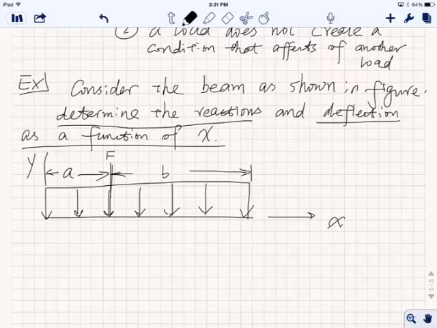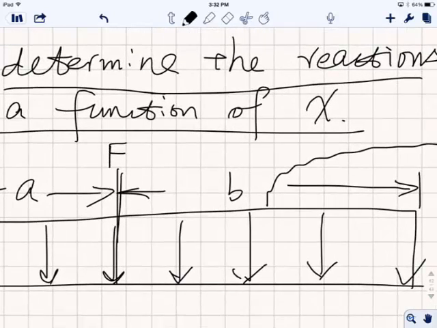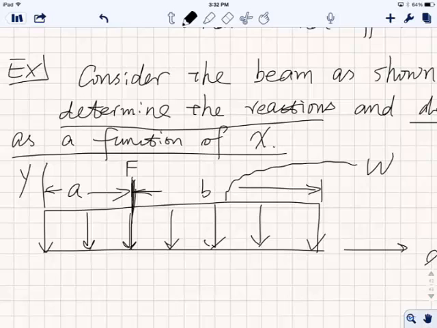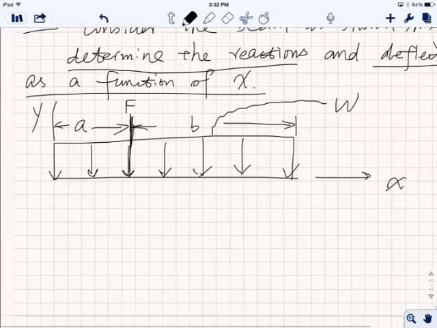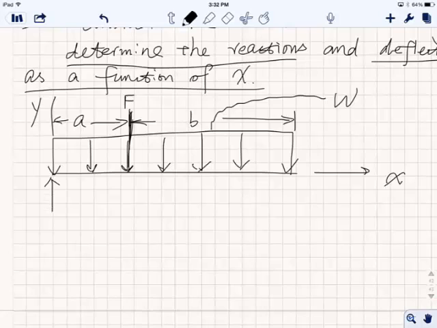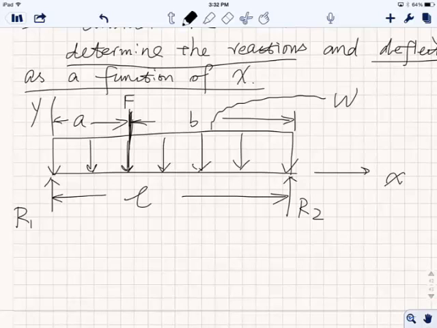And this distributed load has a magnitude of w, w newtons per meter, right? And the concentrated force is not right in the center, but on the farther left side. You have R1 and R2, which are reaction force 1 and reaction force 2. And the distance across the entire length is L.